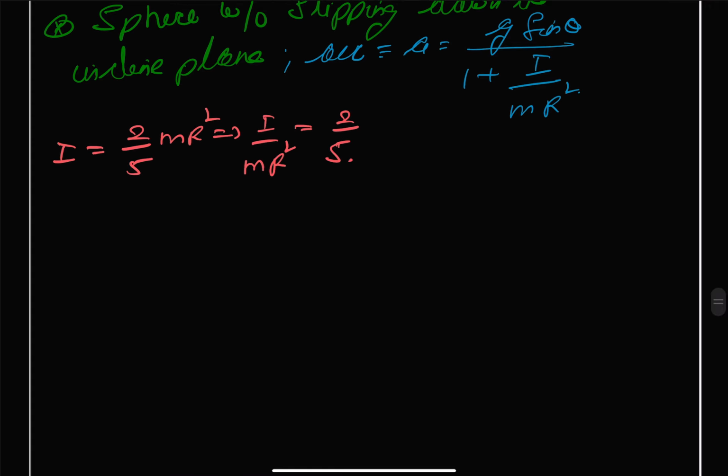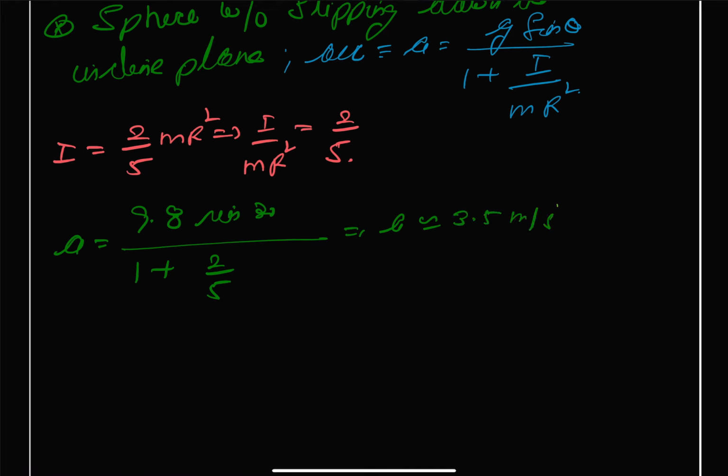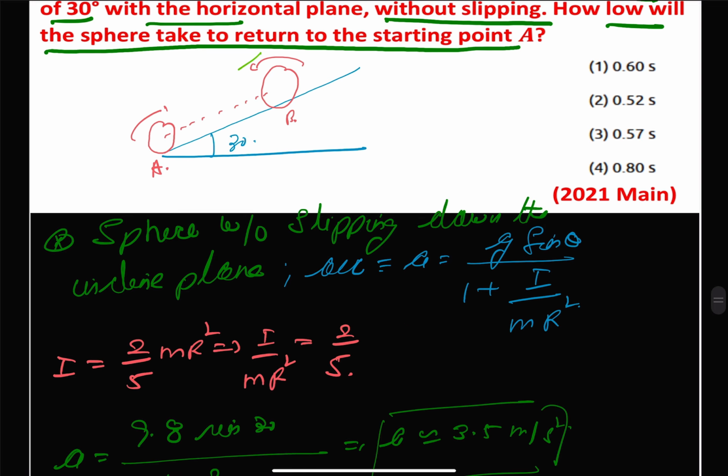Therefore, a is equal to g, that is 9.8, times sine of 30, upon 1 plus 2 upon 5. This gives us acceleration approximately equal to 3.5 meter per second square, and this is the acceleration down the inclined plane.